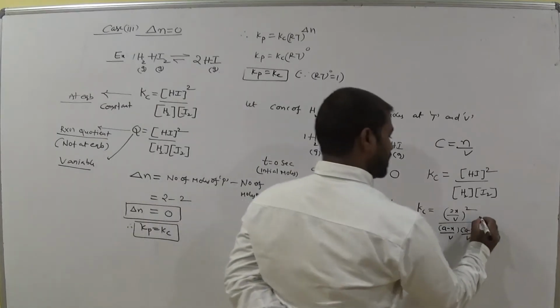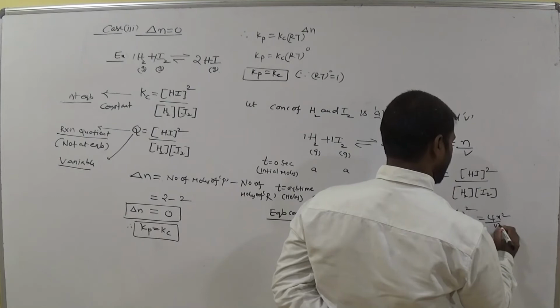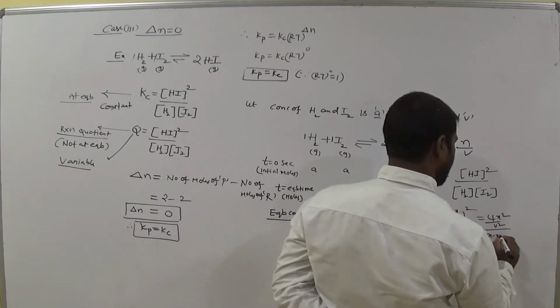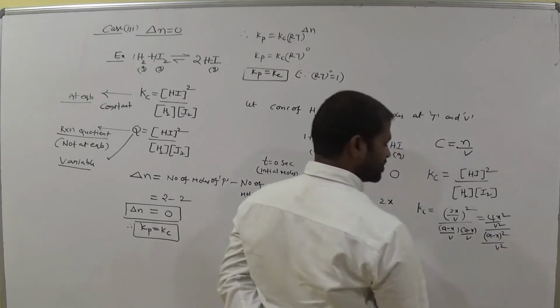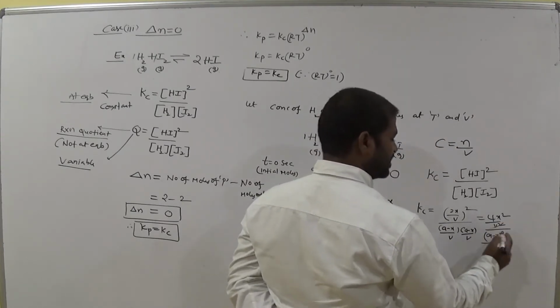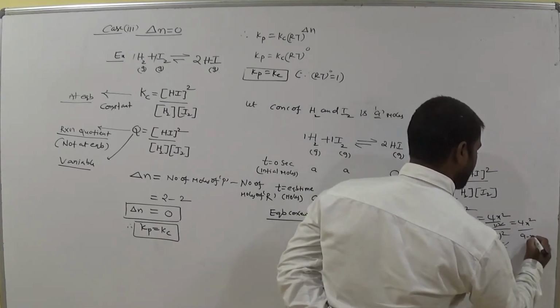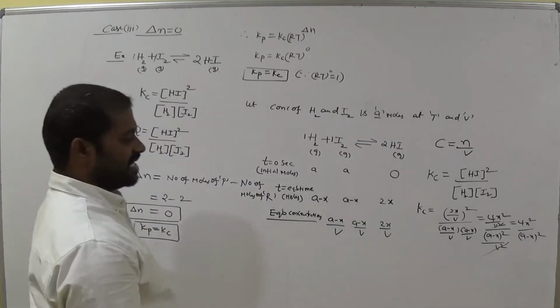Now from this we have 4X square by V square, divided by A minus X into A minus X by V into V square. Cancel this term and this term. Finally we get 4X square by A minus X whole square. Okay, is it clear?